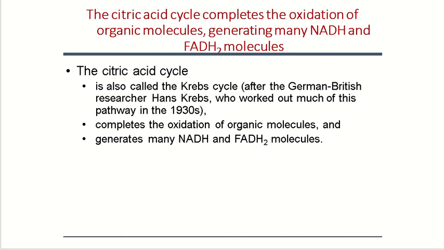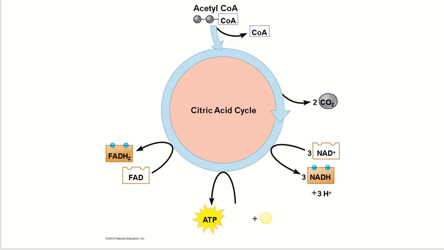And of course, it generates many NADH and FADH2 molecules. That is why in this overview of the citric acid cycle, we have here the generation of NADH and FADH2. Well, besides those molecules, which are technically electron carriers, other products of the citric acid cycle would include the release of carbon dioxide molecules and the generation of ATP.